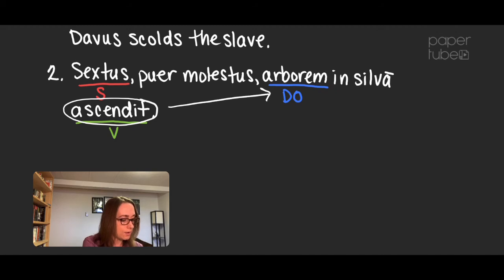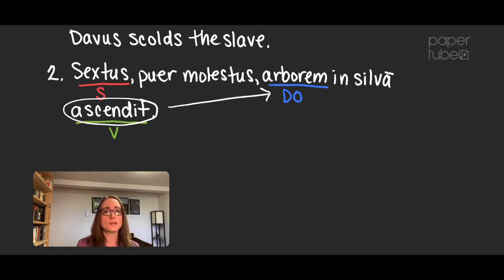And now I need to see if there's a prepositional phrase in this sentence. So first, you need to look for a preposition. Is there in, ex, sub, per, any of those preposition words? Yes, in. I see in sua. So in is my preposition. What goes with in?